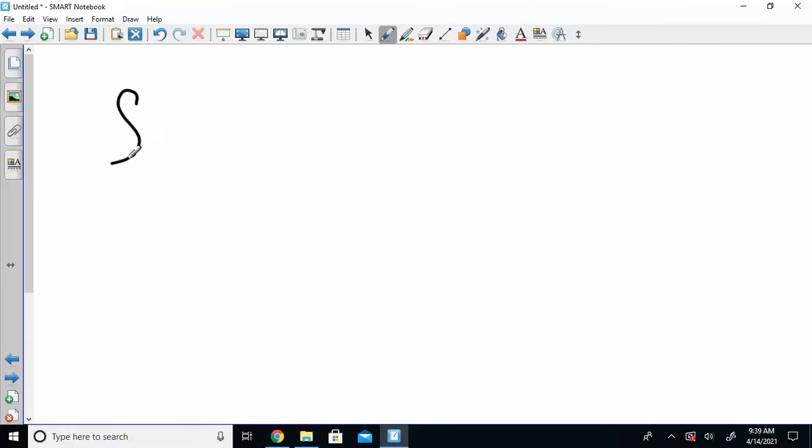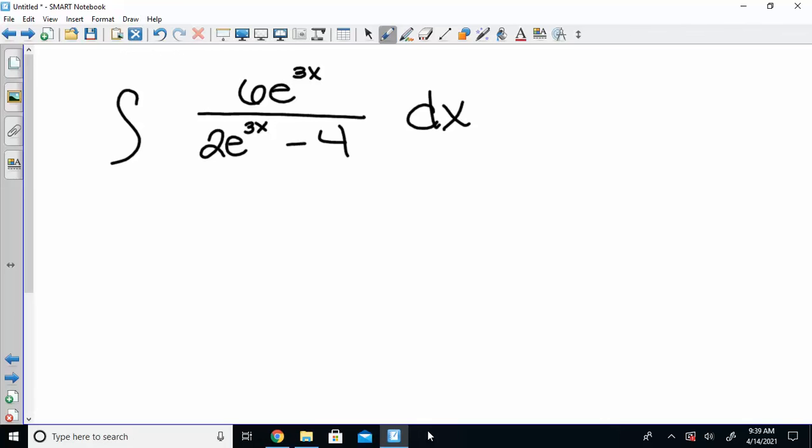What if I said you have the integral of, let's say 6e to the 3x over 2e to the 3x minus 4 dx. Okay, is this one that we can do the antiderivative of without doing substitution? No.